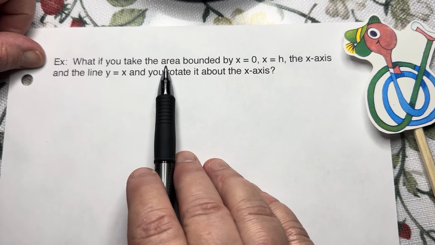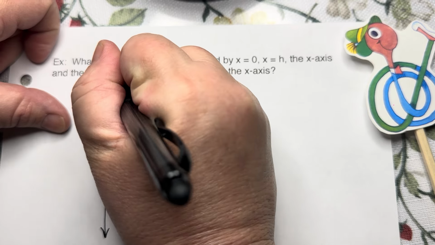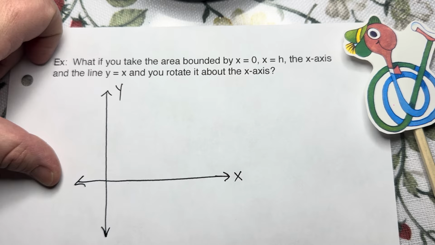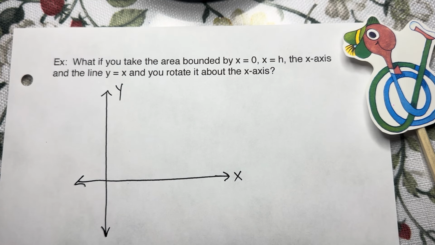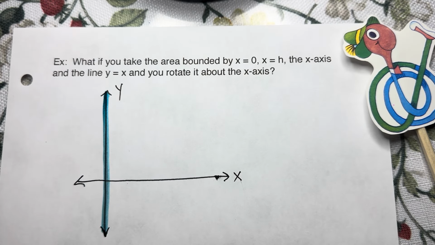What if you take the area bounded by x equals 0? Okay, so let me not get caught up. Now we know, what colors did I use? Let me make sure I use the same colors just to be consistent. Okay, x equals 0, sneaky, sneaky, it's just the y-axis.